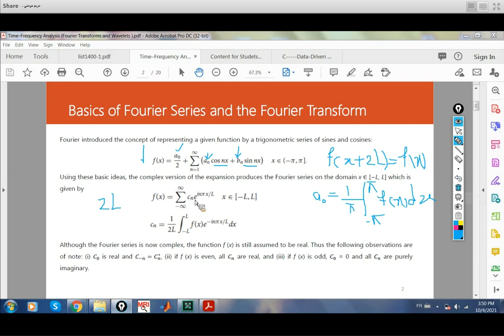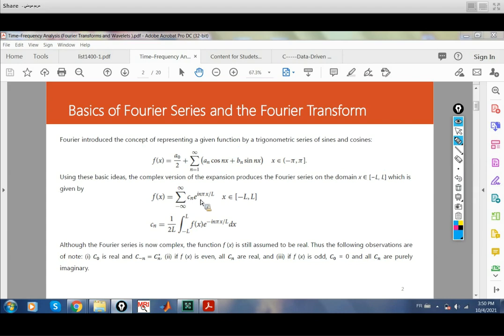For instance, we said that f(x) is equal to the sum of Cn times an exponential function, where the exponent involves i, n, and x, with the period here. And the coefficient Cn can be calculated from this.